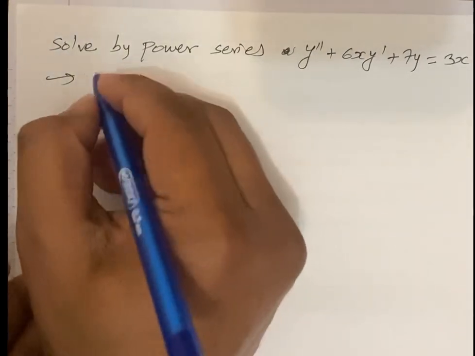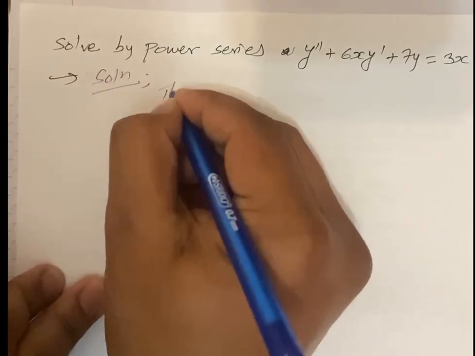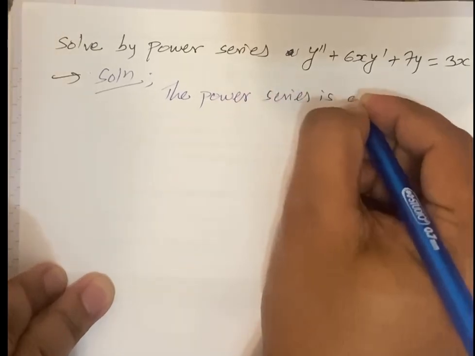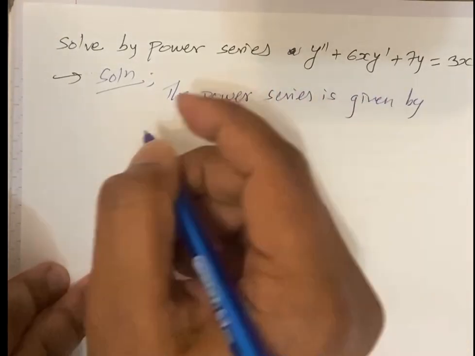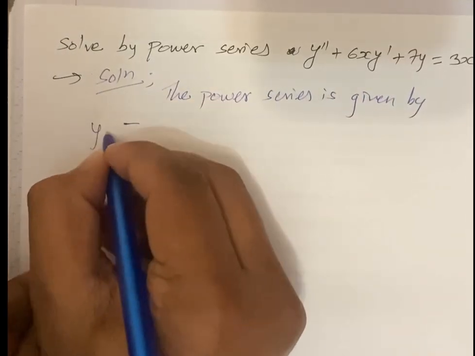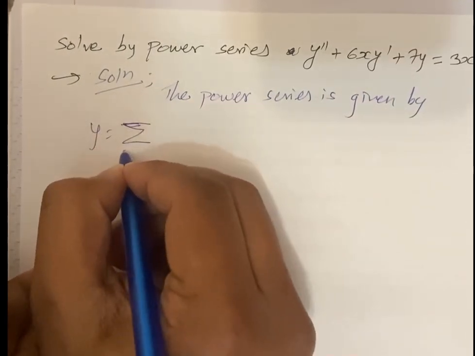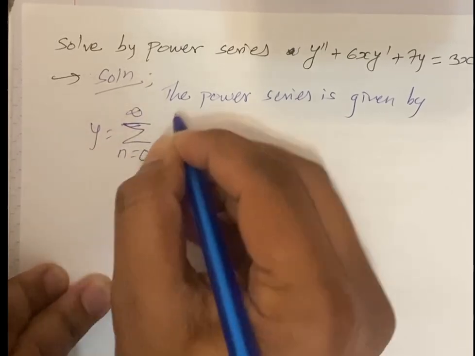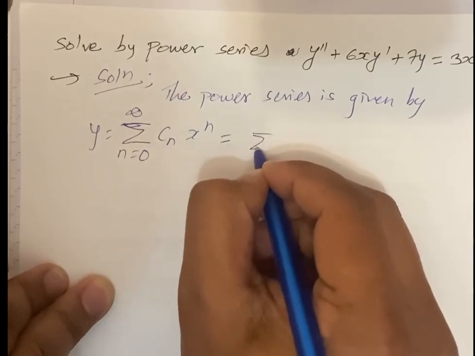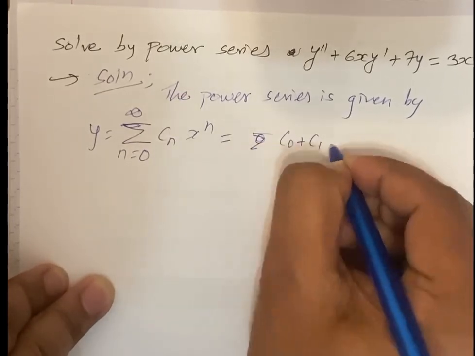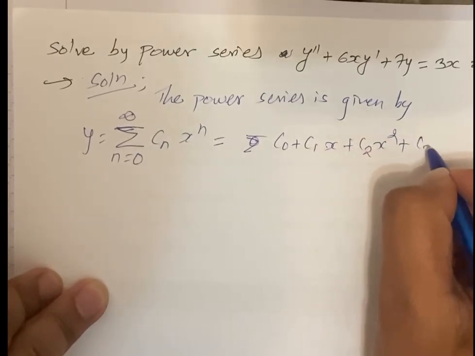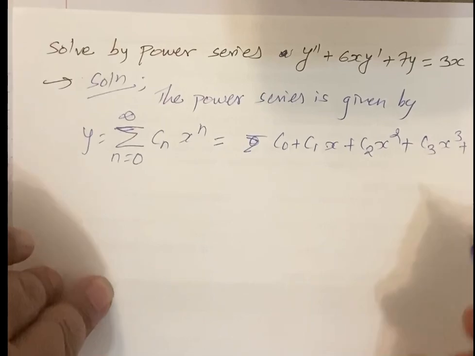For this one, the power series, with center of series x0 equal to 0, is given by the formula y equal to the sum from n equals 0 to infinity of Cn x to the power n, which is C0 plus C1x plus C2x squared plus C3x cubed plus and so on.